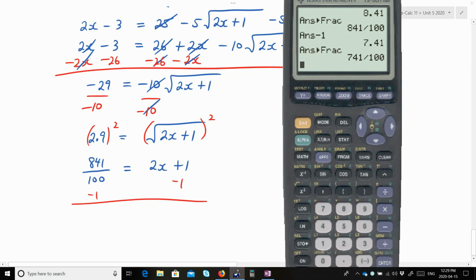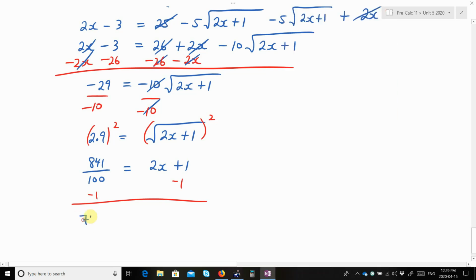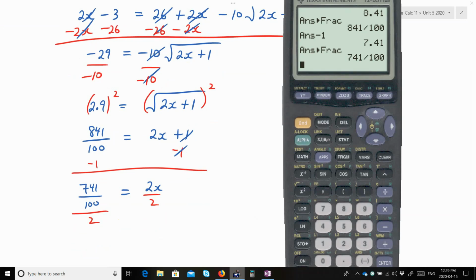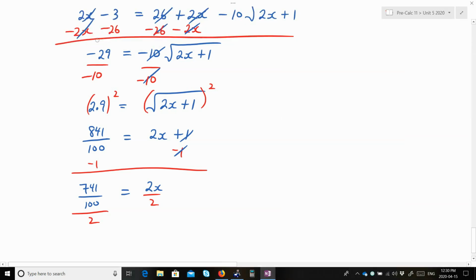As a fraction, 741 over 100. And then divide both sides by 2. So 741 over 100 divided by 2 is that, math, fraction that, 741 over 200. See how it's kind of like the 2 just multiplies onto the bottom number there. Okay, so the answer is 741 over 200.